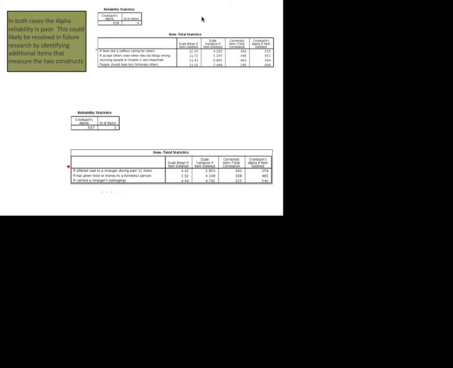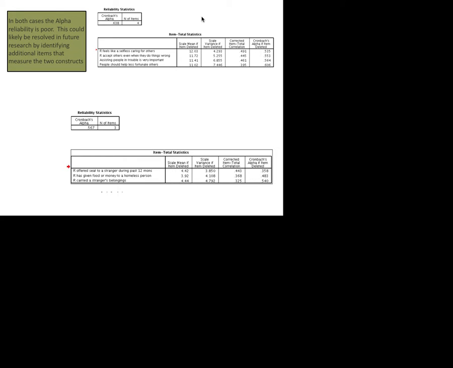One is very straightforward: here's a number. The other would be a narrative kind of description with some statistics potentially thrown in there. So in my case, we're not reliable, therefore our validity is also subject to all kinds of concerns.